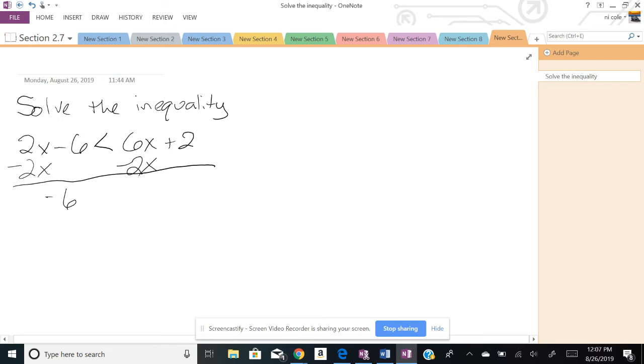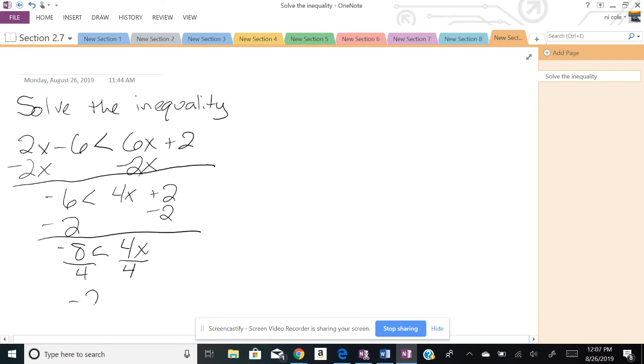So then I would have -6 is less than 4x plus 2. Now I'm going to subtract the 2, subtract 2, giving me -8 is less than 4x. Got to get rid of that 4. I'm going to divide by 4, both sides by 4, giving me -2 is less than x.